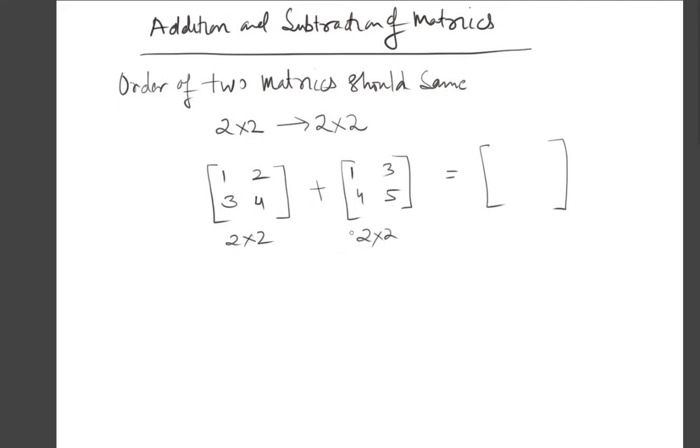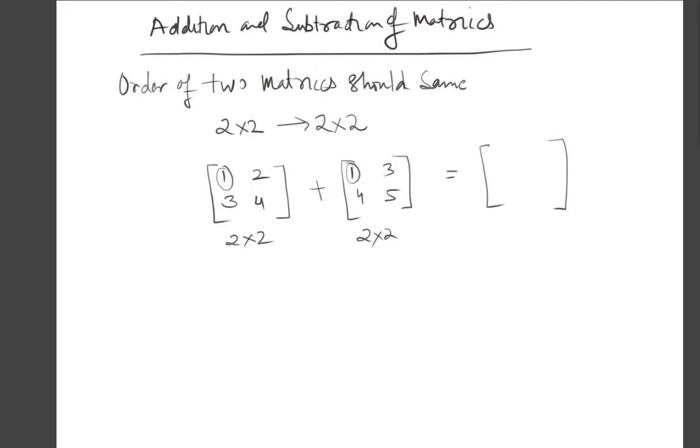Now, why I said that the order of the two matrices has to be the same is because addition or subtraction happens at the element level. So the elements add or subtract from each other individually. If the first element here is A11 and here it is B11, A11 and B11 have to add together.